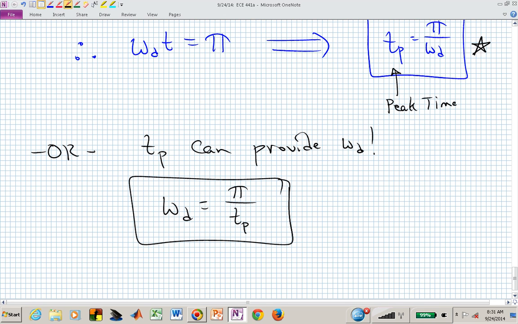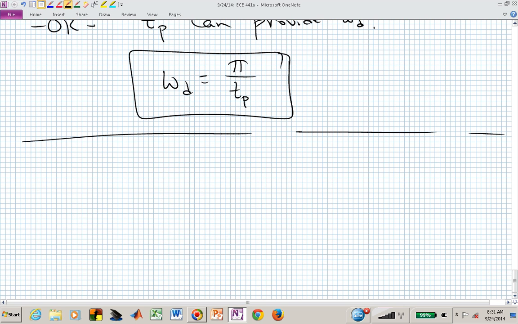You need the damped frequency, and you have it if you measure your peak time, if this is an underdamped second order system response. That's the first relationship. The second relationship is we want to now find the relation. Yes, question?